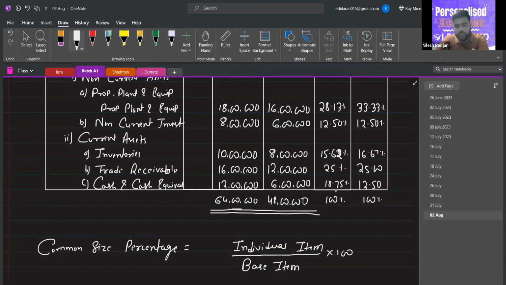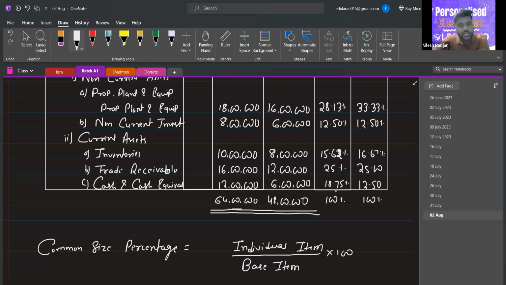Actually, if we are keeping cash in a large amount, or the value of cash and cash equivalent is higher, then it means we have no investment where we can utilize our cash and bank balance. In the previous year it is 12.50%, which is on an average.